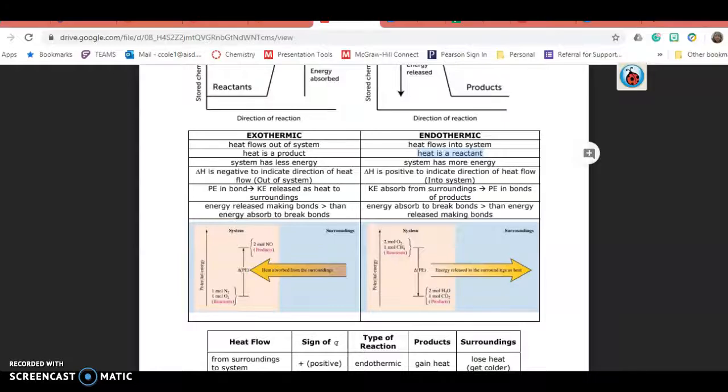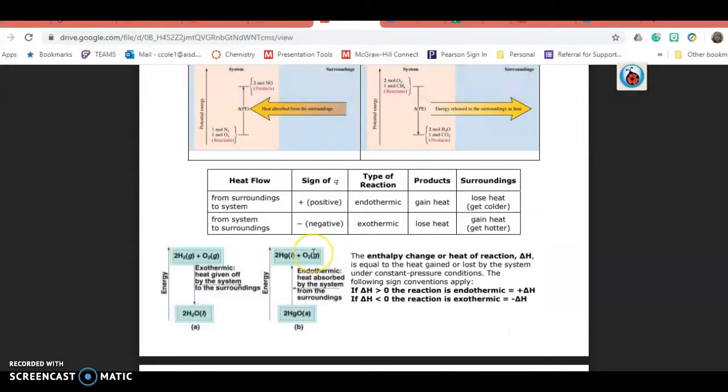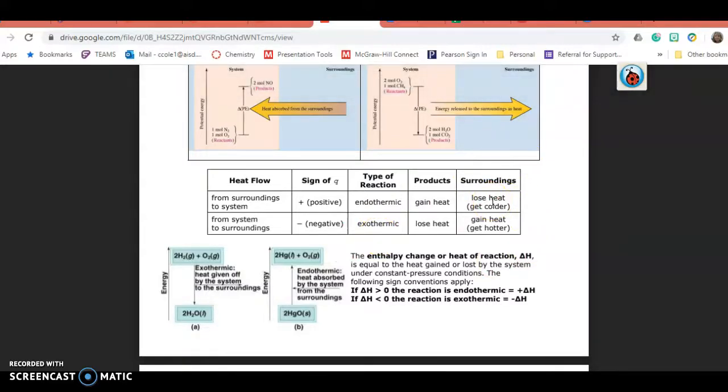Okay, well, let's go back here again to this. If heat is coming out of the system, what do the surroundings feel like? Let's look right here at the surroundings. In an exothermic reaction, you see I'm going to highlight it, I'm losing heat to the surroundings, so what happens? It gets hotter.